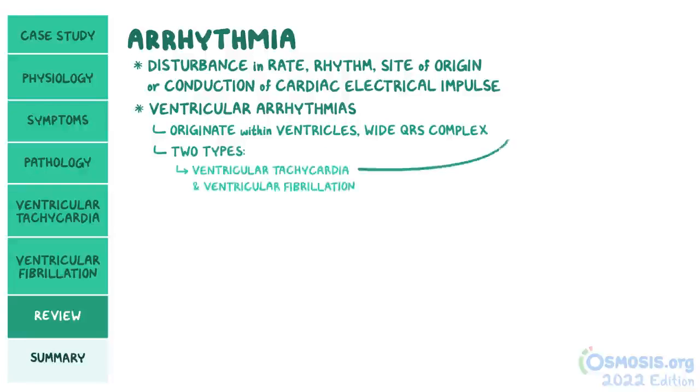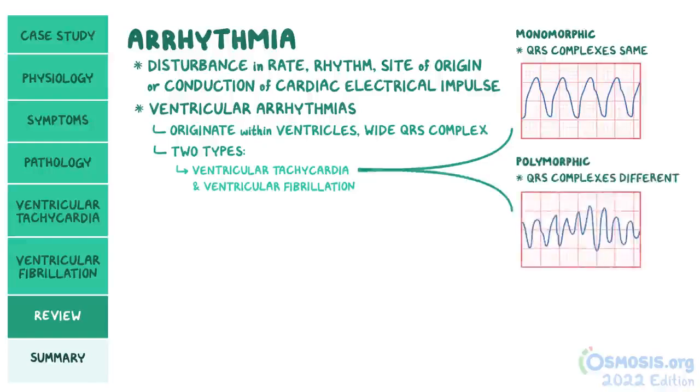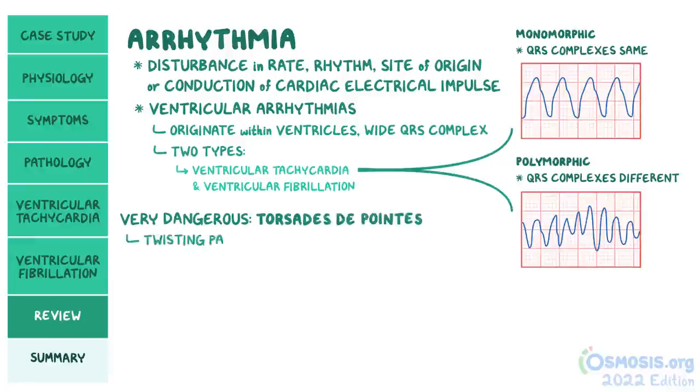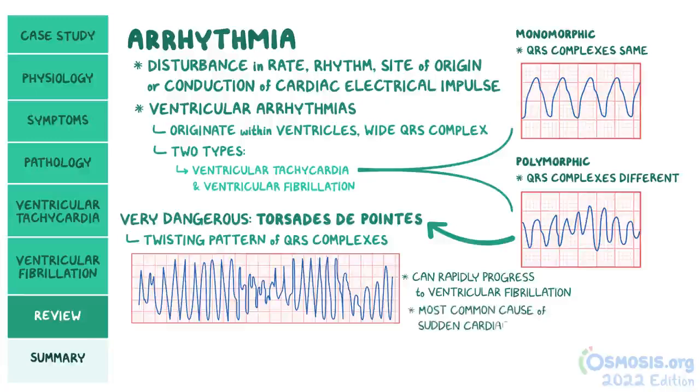Ventricular tachycardia can be monomorphic, meaning that all the QRS complexes look the same, or polymorphic, meaning the QRS complexes are different in each beat. A specific and very dangerous type of polymorphic ventricular tachycardia is torsade de pointe, which presents a twisting pattern of QRS complexes. This can rapidly progress to ventricular fibrillation, in which the whole PQRST breaks down completely and is the most common cause of sudden cardiac death.